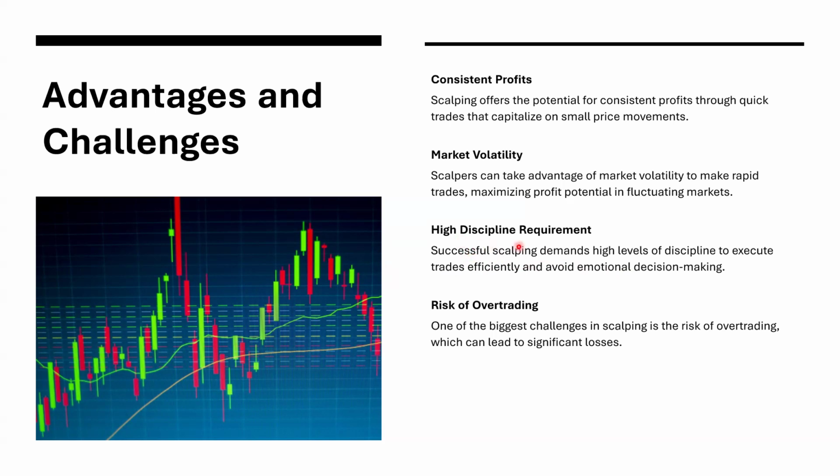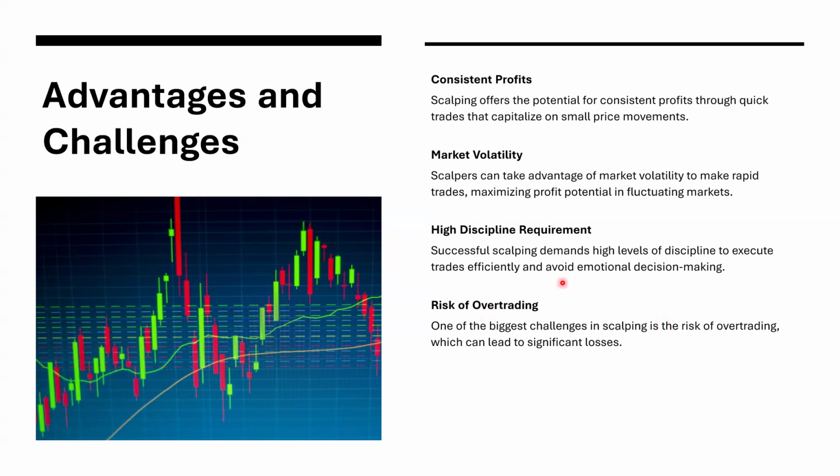Risk of overtrading, that's another challenge that poses itself against you, because if care is not taken, you'll be overtrading because a lot of opportunities will be presenting themselves. Emotional decision making can be a very big challenge, because if you've been losing five in a row, then you know the next trade might not be in your favor and you'll be scared.